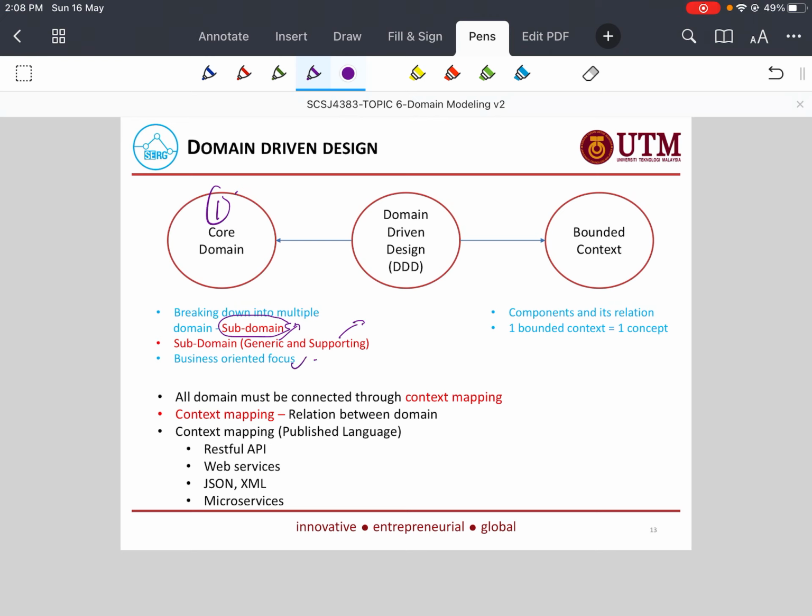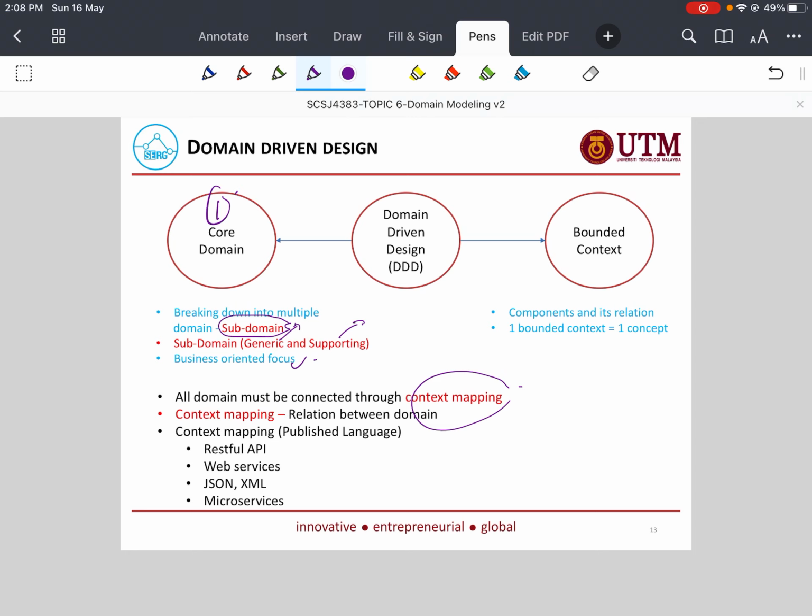All domains must be connected through context mapping. If you break down the core domain into multiple domains, you need to connect these domains together by using the technique of context mapping. What is context mapping? Context mapping is actually the relation between the domains.